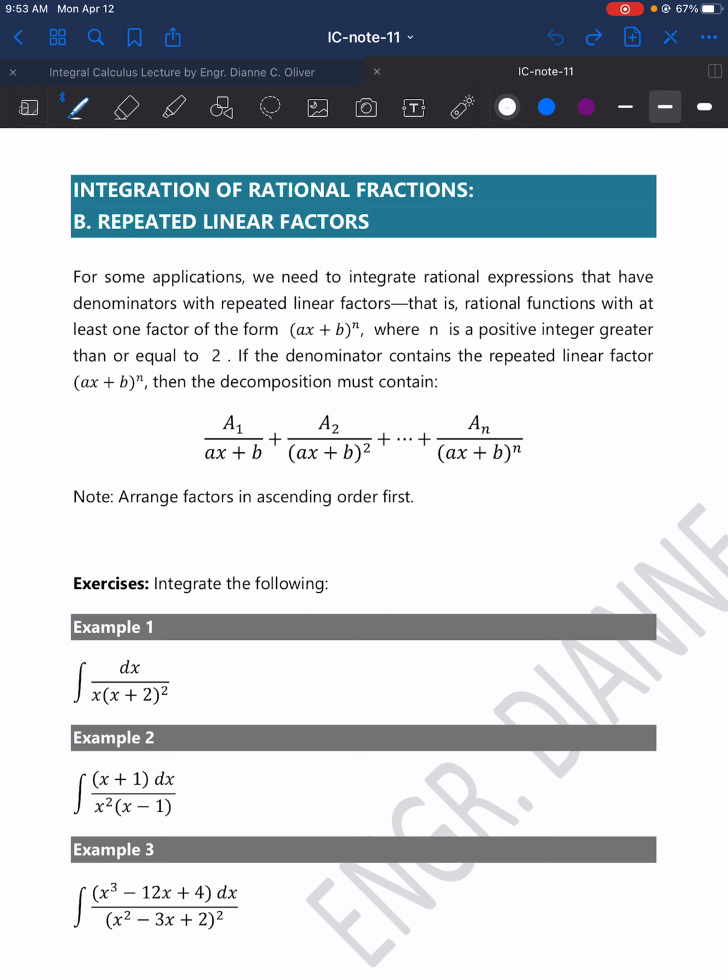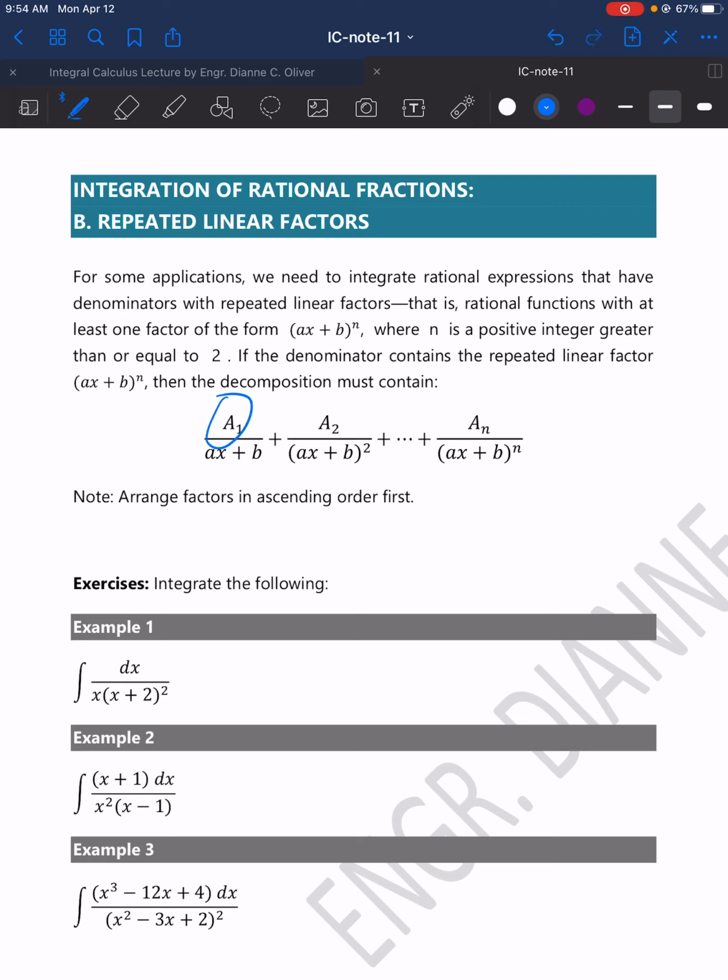If the denominator contains the repeated linear factor ax plus b raised to n, then the decomposition must contain a sub 1 over ax plus b plus a sub 2 over ax plus b raised to 2 plus, until it reaches a sub n over ax plus b raised to n. We will stop here because we already reached the power of n as indicated here.